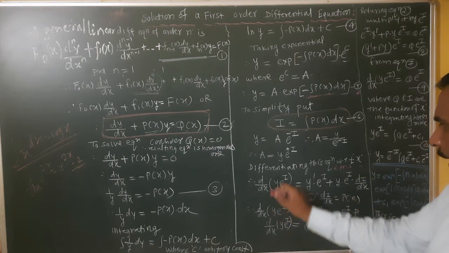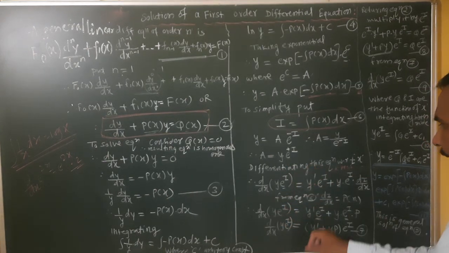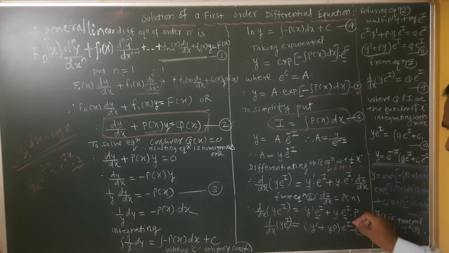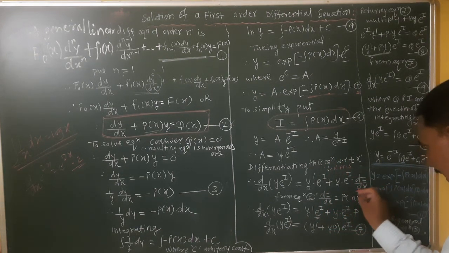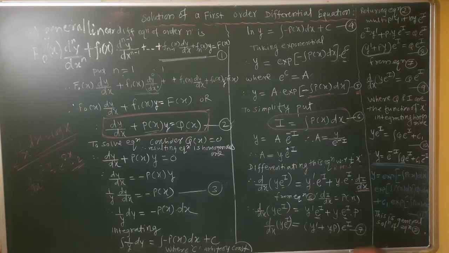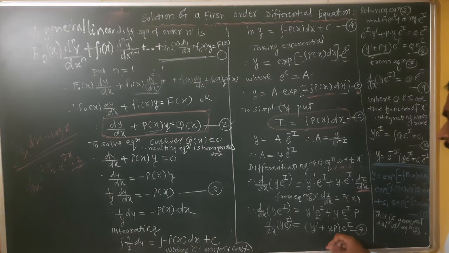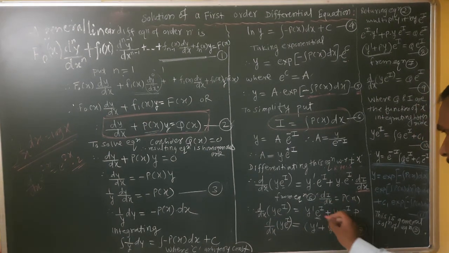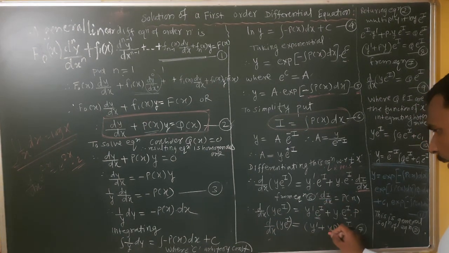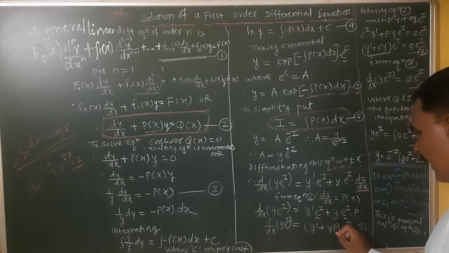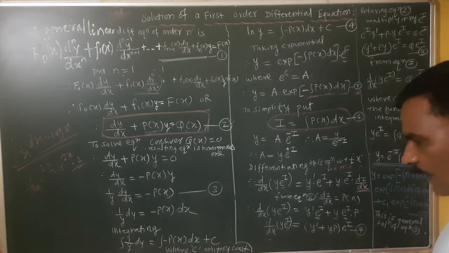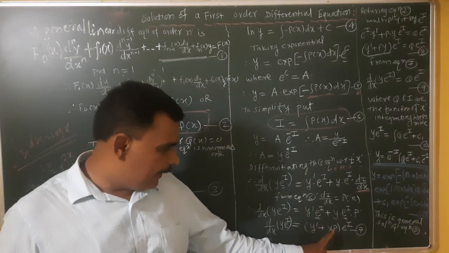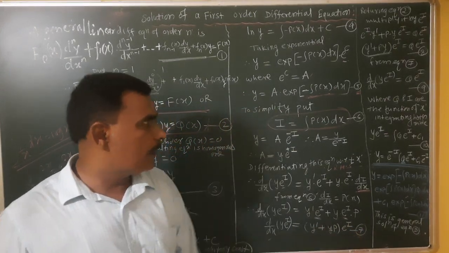Substitute this value: d by dx left hand side as it is, y dash e raised to I plus y e raised to I, and this di by dx is nothing but p. Then the common factor is e raised to I, so y dash plus y into p, into e raised to I, equation number 7. This is y dash plus y into p, e raised to I, equation number 7.